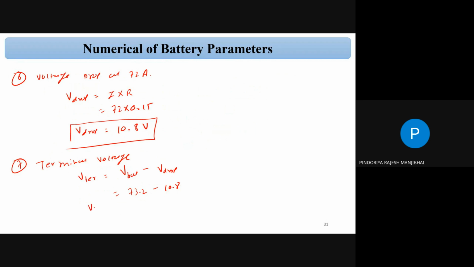Sir, what is the numerical weightage in the exam? Why are you asking now? You don't like numericals? No, sir, I like numericals. When the numerical is correct, you will get full marks.